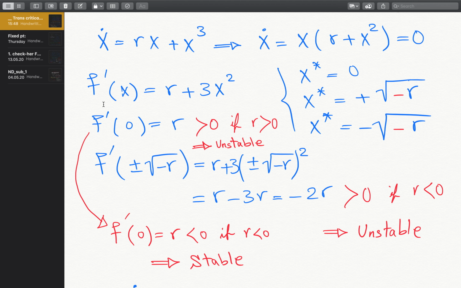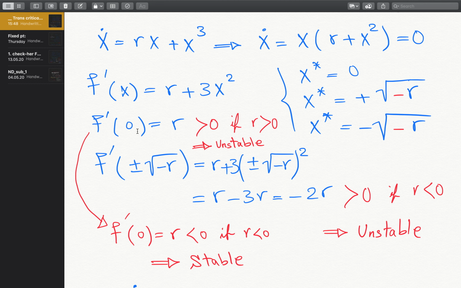So f prime of x, where this is our f of x and this is our f prime of x, is going to be the first derivative of the first term and the first derivative of the second term, which I'm sure you know how to calculate. And f prime of 0, this is one of the fixed points, and these are the other two fixed points, right?